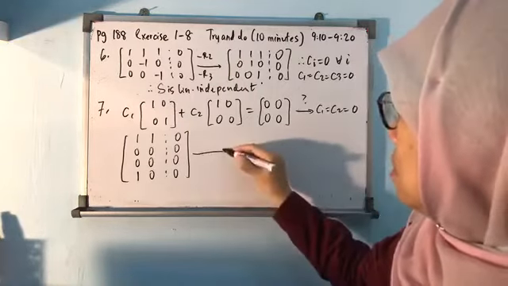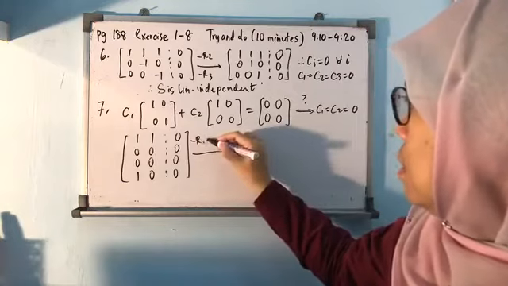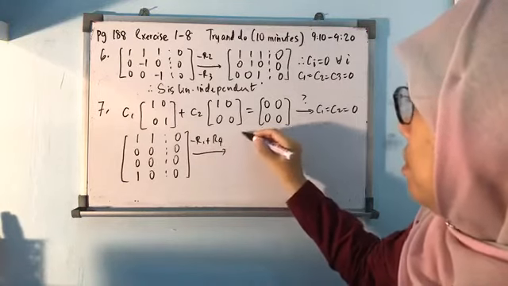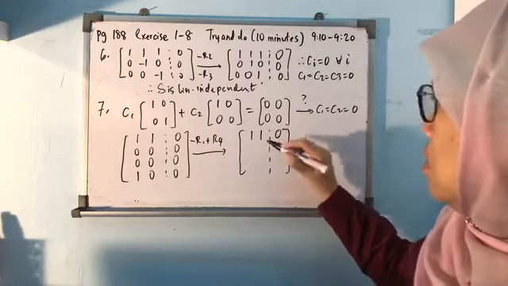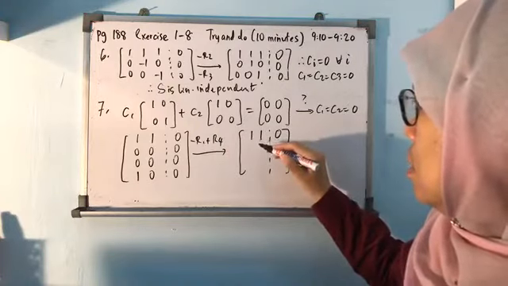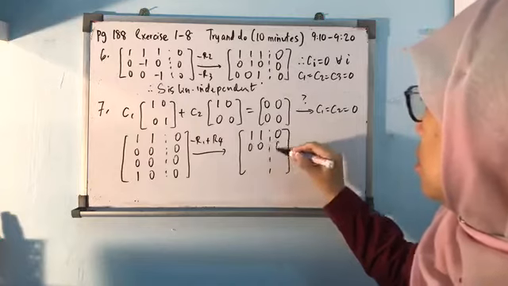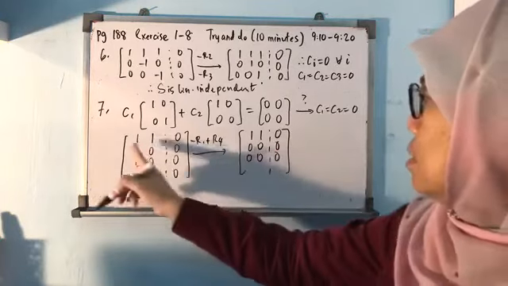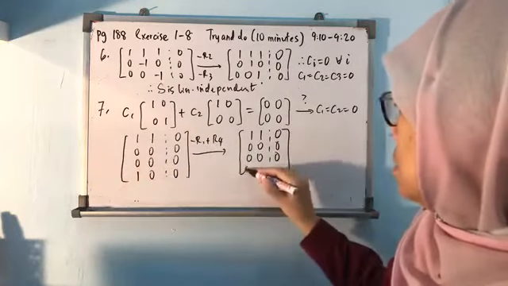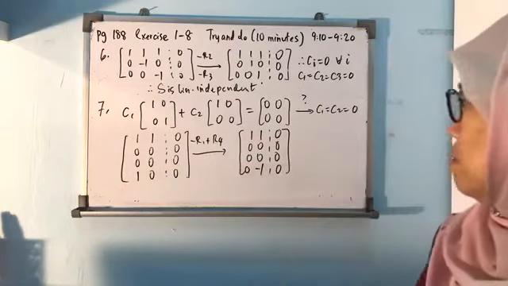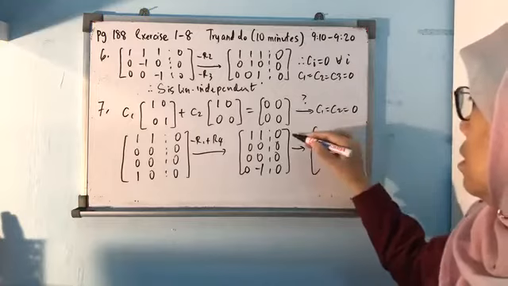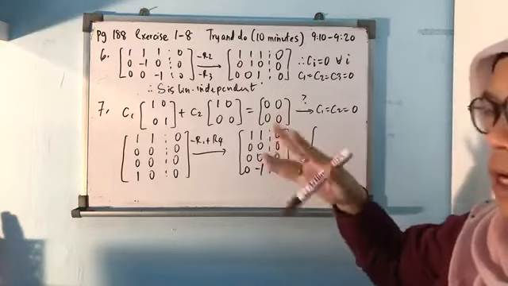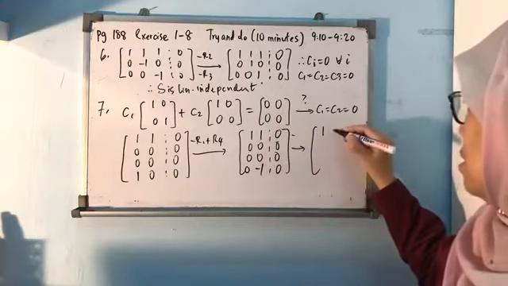One more. Just one. Negative R1 plus R4. So you get 1, 1, 0, 0, 0, 0, 0, 0. Ni add ya. Then negative. Saya shortcut je lah.